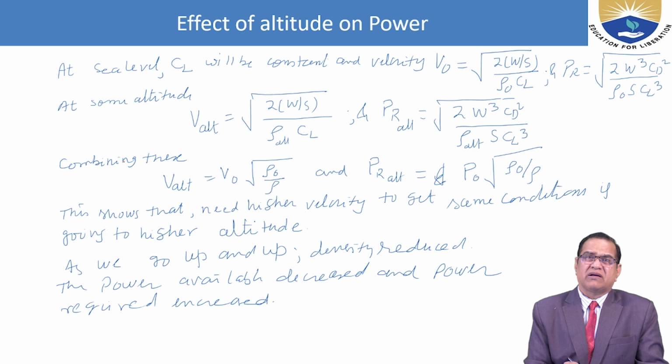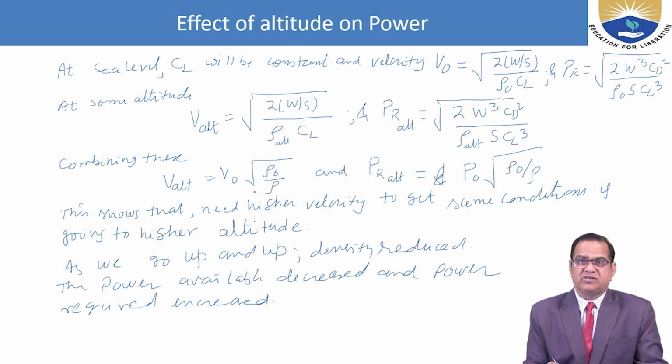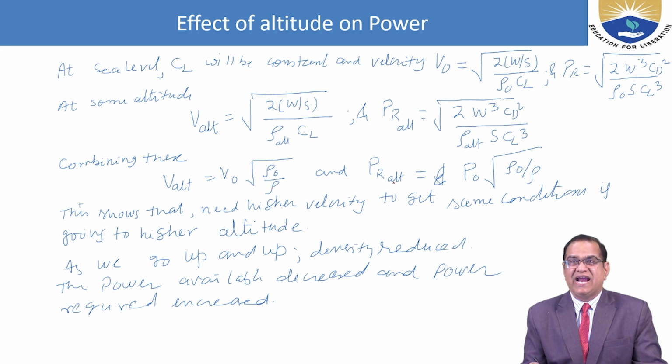So comparing this, V altitude is equal to V naught under root rho naught by rho. But this rho naught will be always greater than the rho. So PR at altitude is equal to P naught under root rho naught by rho.